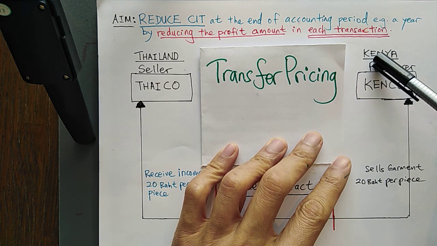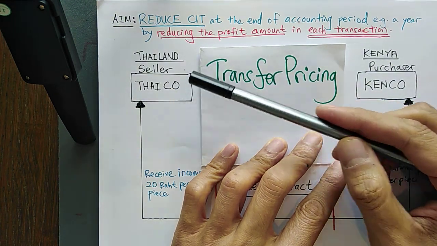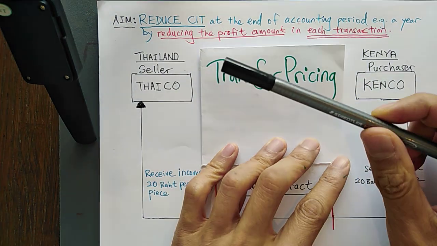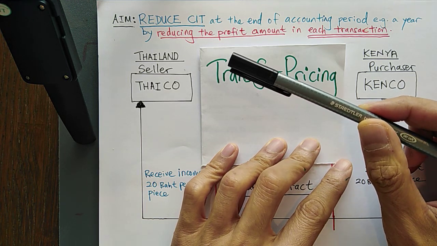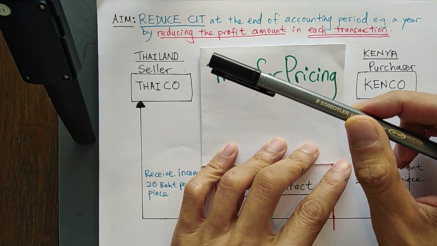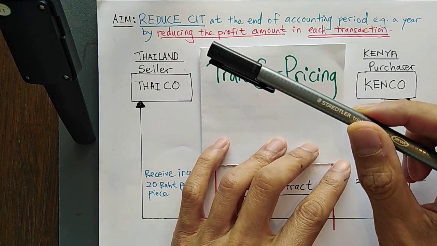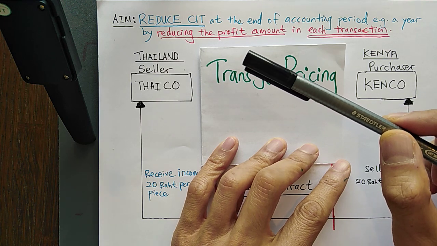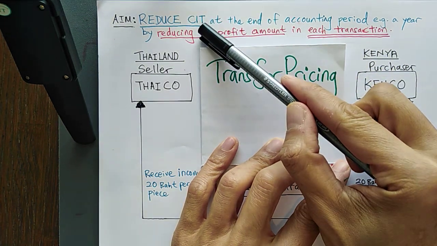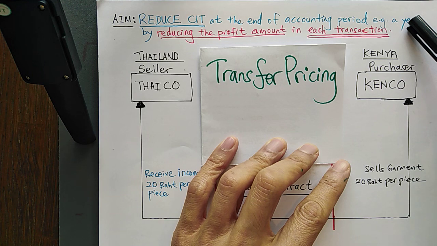So, for example, if you sell a pen like that, and the pen is say 50 baht, you make say for example a 20 baht profit. So the 20 baht profit would be the profit that could be exposed to corporate income tax at the end of the accounting period.